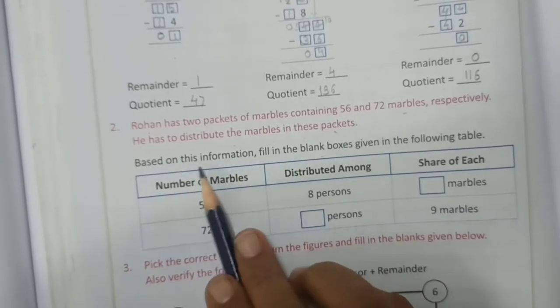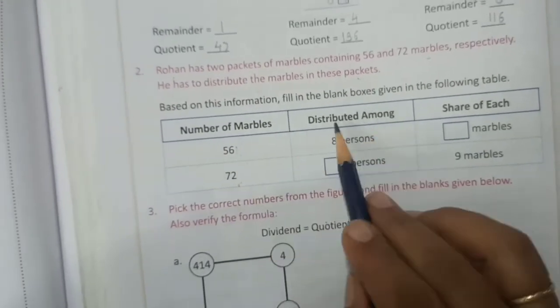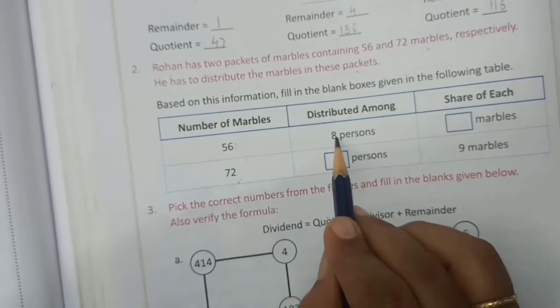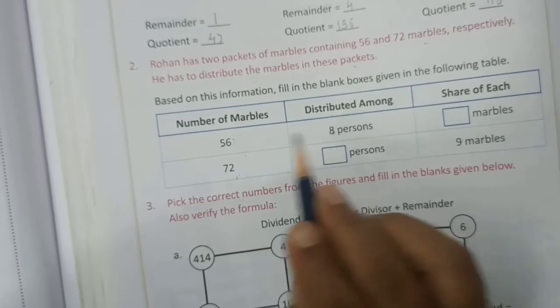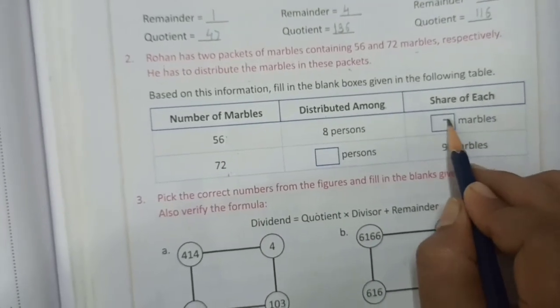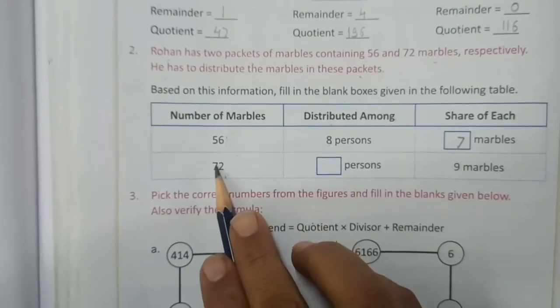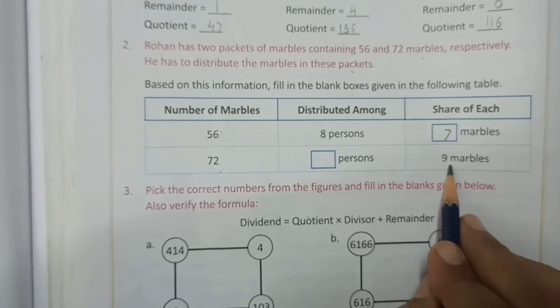Based on this information, the number of marbles here is distributed among 8 persons. So 56 divided by 8, 8 7s are 56, so the share of each means 7 marbles will come. Okay, 7 marbles.